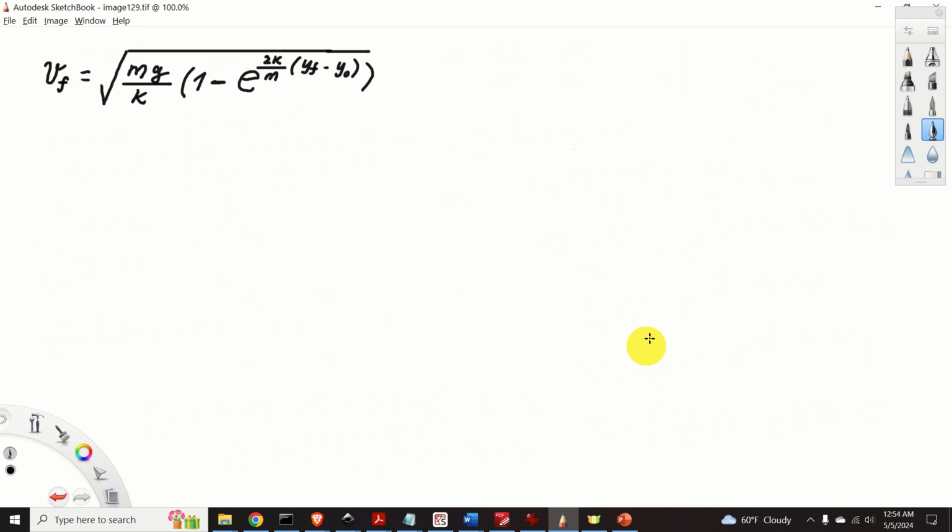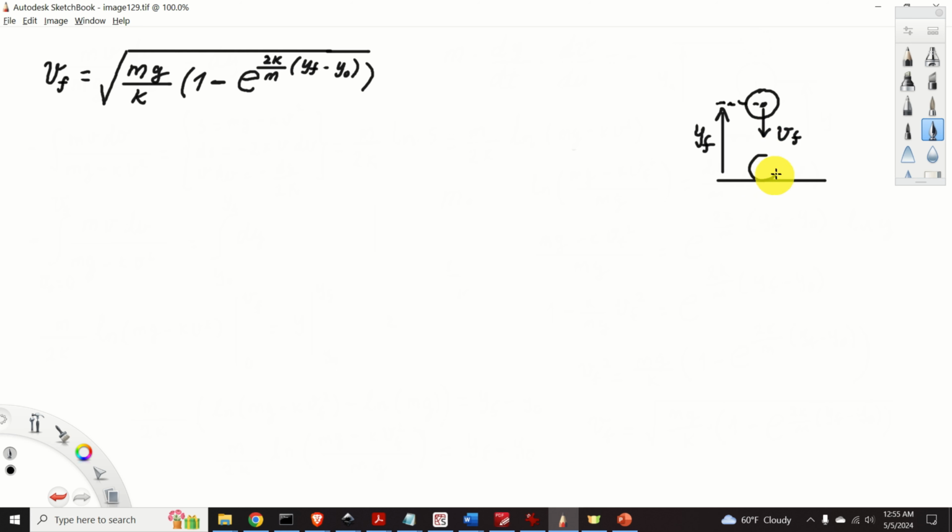Graphically, if this is the ground, this is our ball. Over here is the height yf in this equation, and here's the velocity vf. However, we need to determine the velocity at the moment the ball hits the ground.